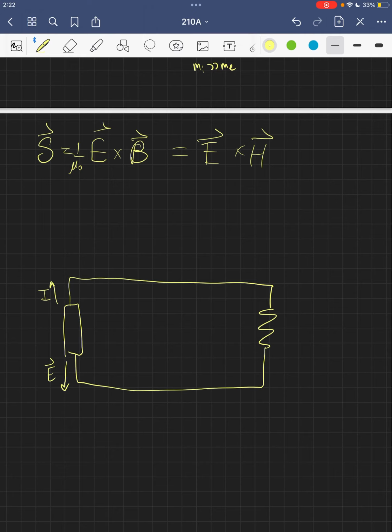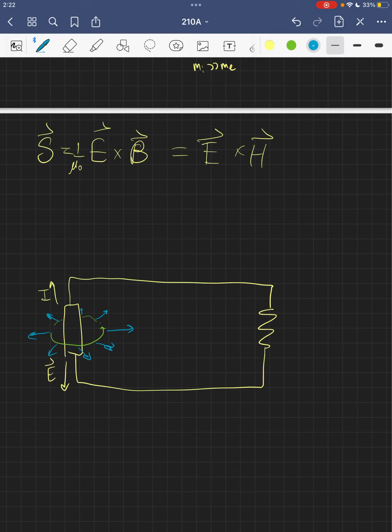And then your magnetic field would flow around this battery, right? Well, crossing those two gives you a Poynting vector, which I'll color in blue, that is radially outward from this battery, right?